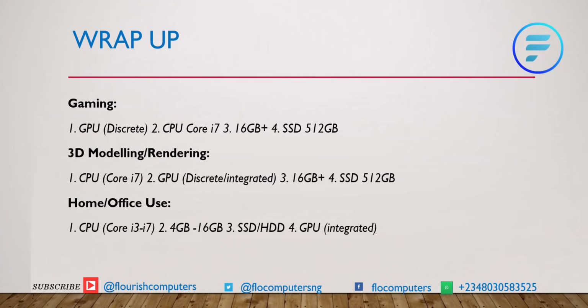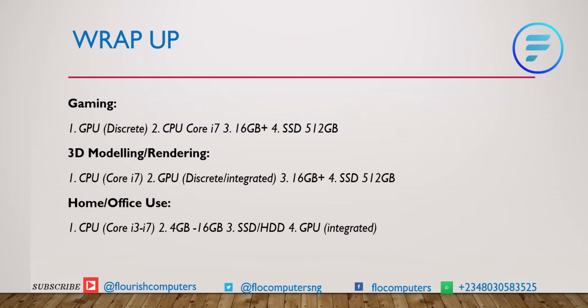Now, to wrap up this course, let me conclude by bringing together everything that we have talked about so far in this lesson. We've talked about gaming: if you are going to use the system for gaming, the component you need to pay attention to most importantly, number one, is GPU, and it has to be a discrete or dedicated GPU. The second component is your CPU.